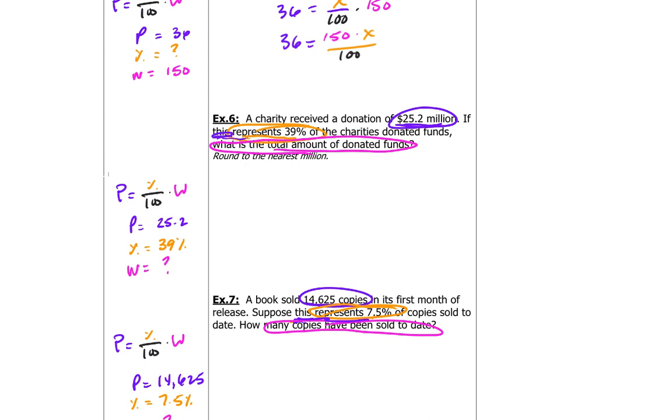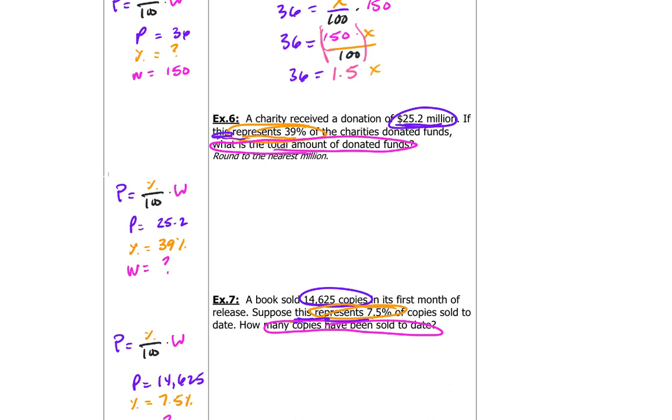Now I'm going to isolate those. So I'm going to put this like this because that would be the same thing, right? That's going to be 150 divided by 100, which is 1.5. So what I have is 36 equals 1.5 times x.